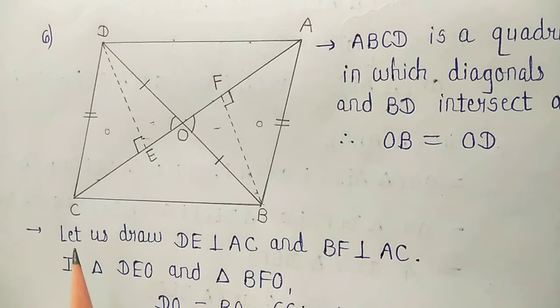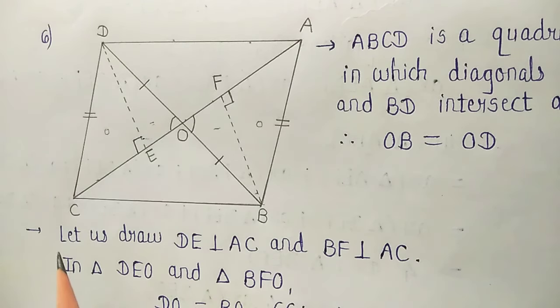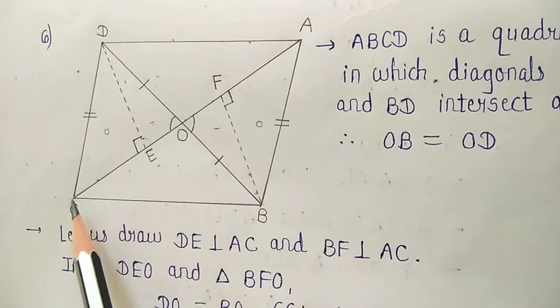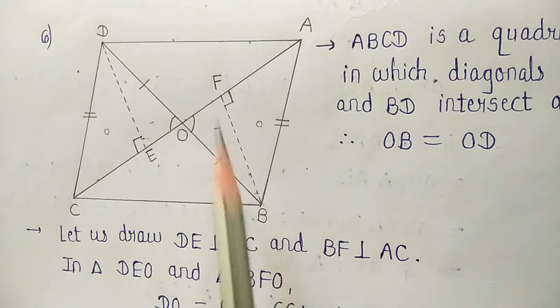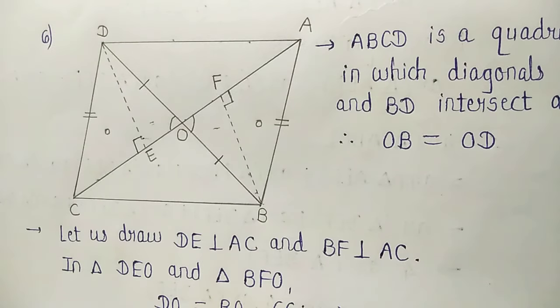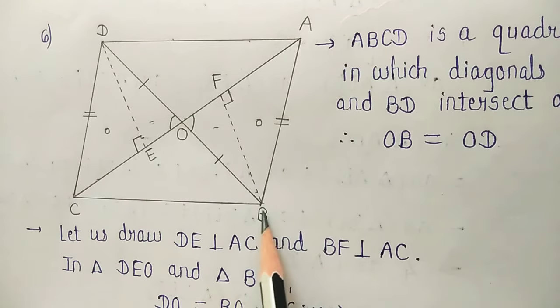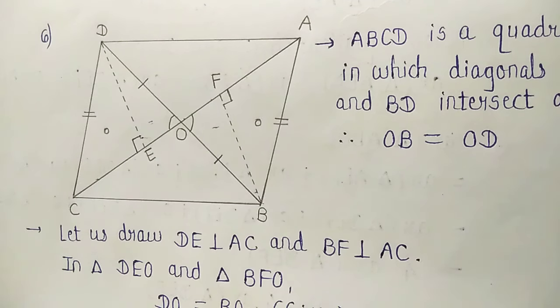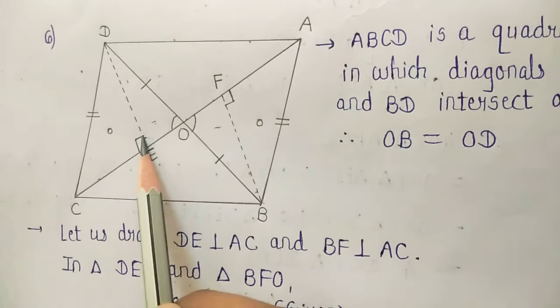So now we'll consider other two triangles, which are triangle DEC and triangle BFA. These two triangles, students. Okay, let us try to prove congruency. First thing, it is already given that AB and CD are equal. In the question itself it is given. Okay, now what do we see?